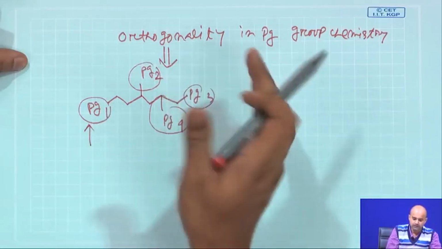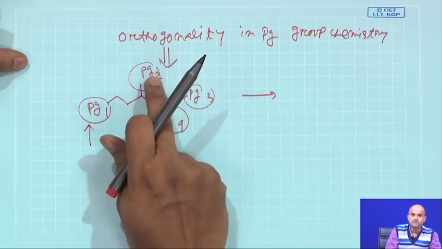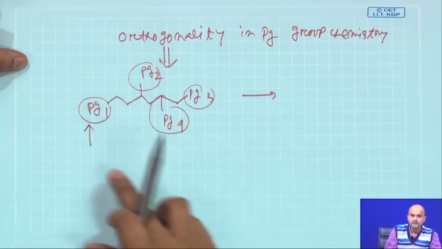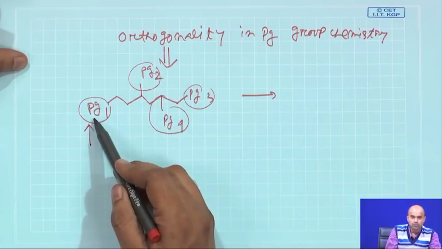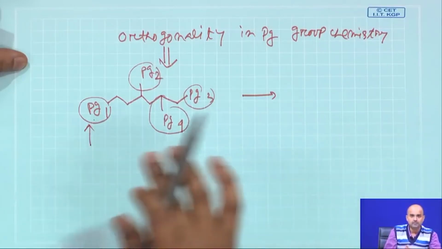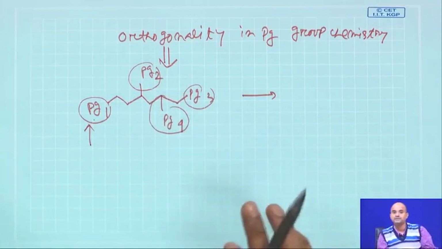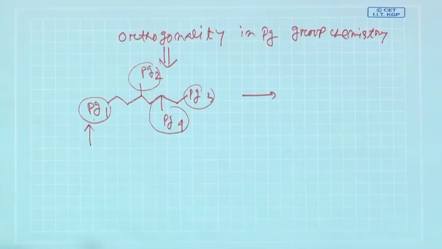Now, if you have to deblock only PG2 and do an FGI there, you need to find a reagent system which will only cleave PG2, with the remaining PG1, PG3 and PG4 intact. That is the main beauty, or main challenge, of finding orthogonality in protection group chemistry.